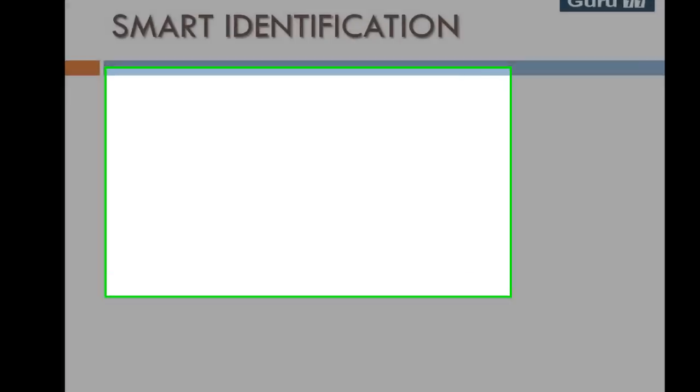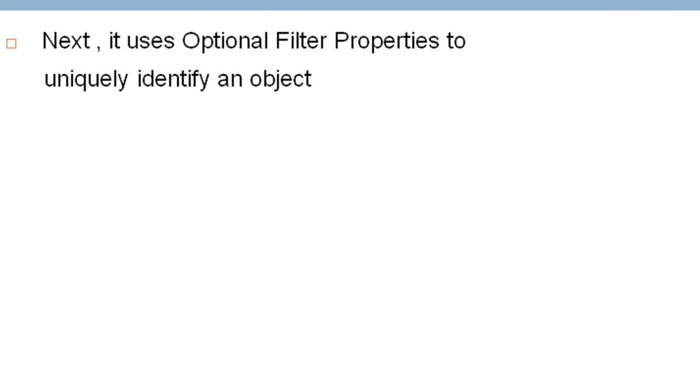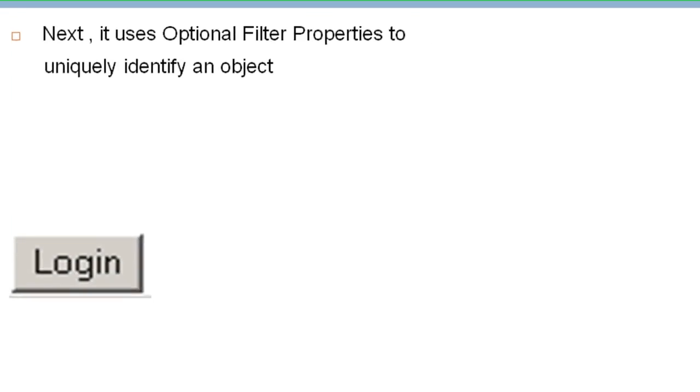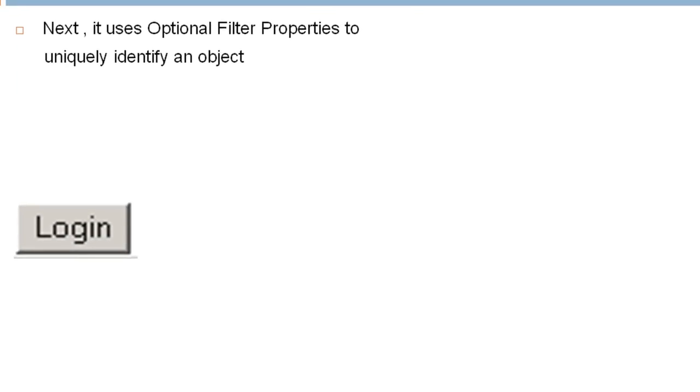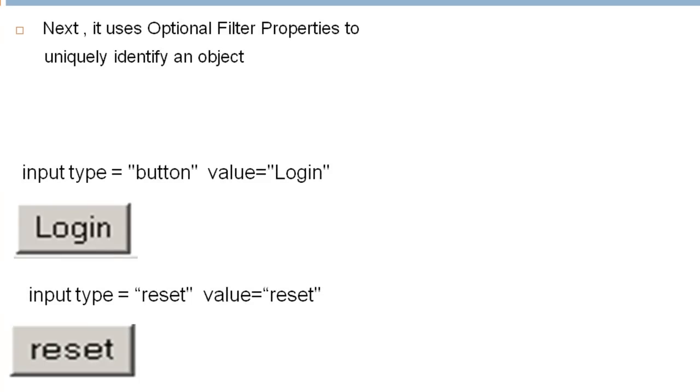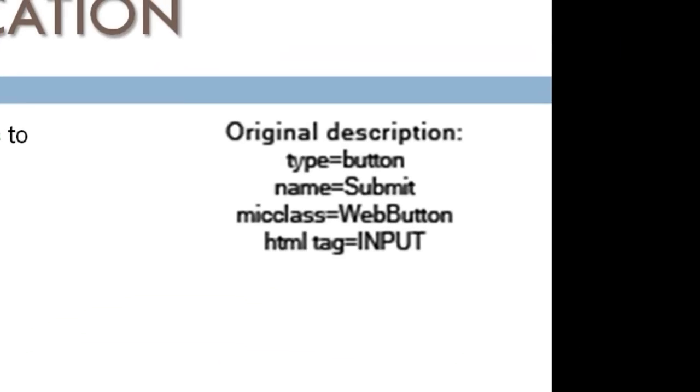Next, it uses optional filter properties to uniquely identify an object. Currently, the object candidate list has 2 objects, login and reset, with corresponding HTML codes. The idea is to narrow down only to one object matching some or all of the saved description properties.